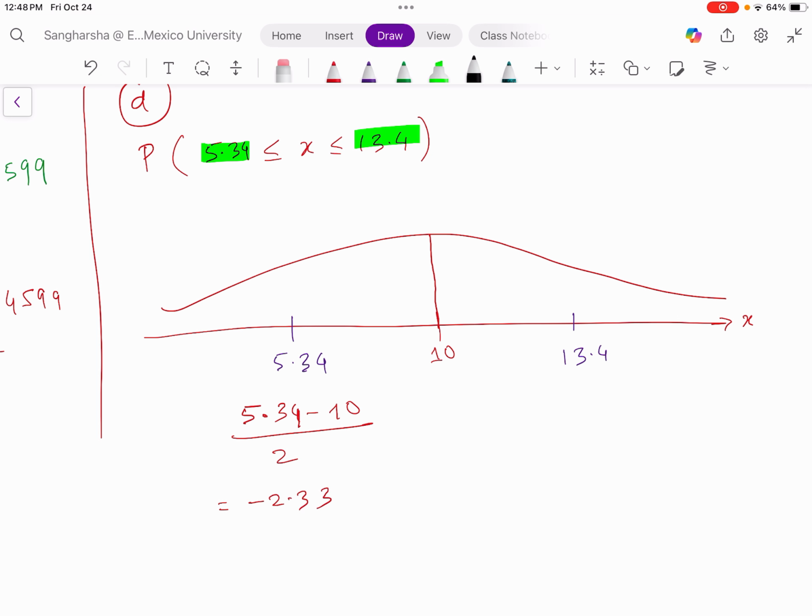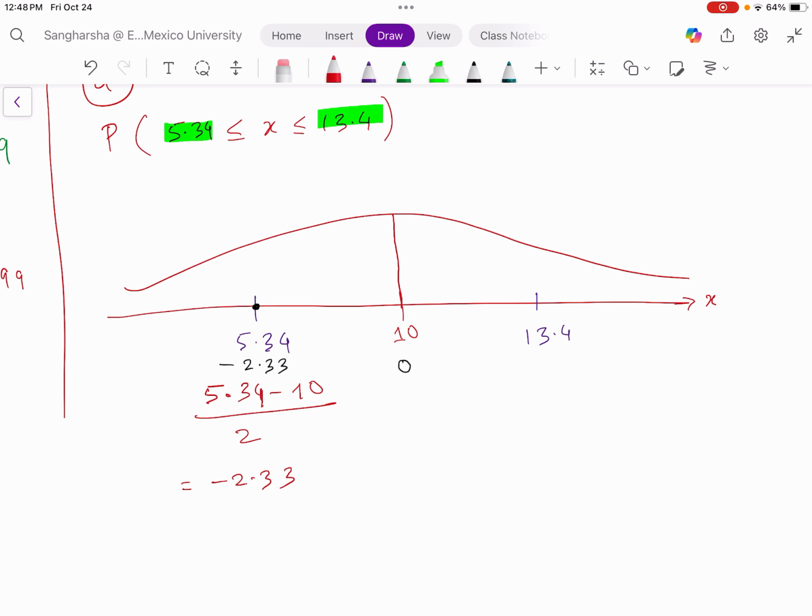So z for this point is negative 2.33. Z for the mean is always 0. Now let's convert 13.4. So 13.4 minus the mean 10 divided by sigma 2, we get 1.7. So the z for this point is 1.7.